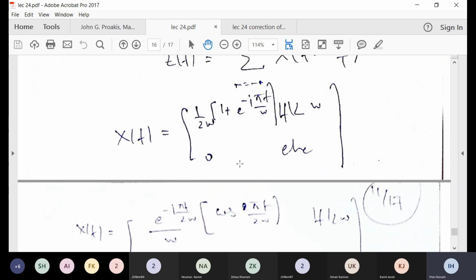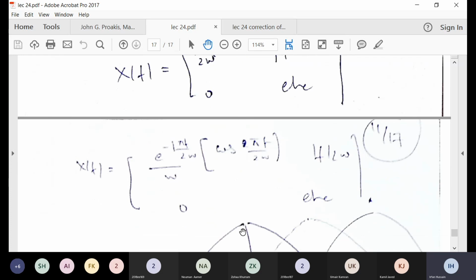So I can just take half of this common. This will become e to the minus j pi f over 2W, and this will become e to the plus j pi f over 2W. This will become a cosine, so I can write my X of f this way. It is 0 elsewhere, but for f less than W, it comes out to be like this.